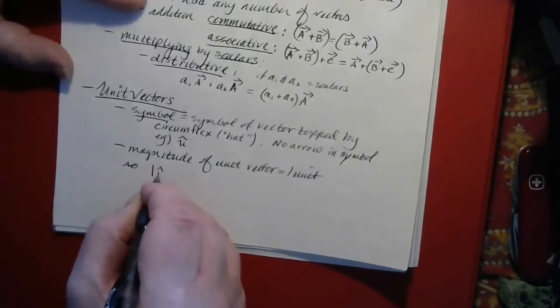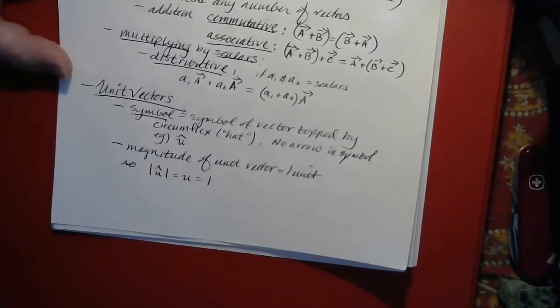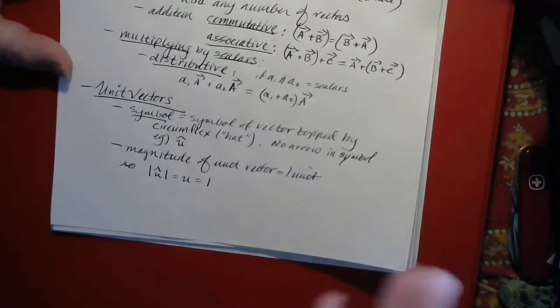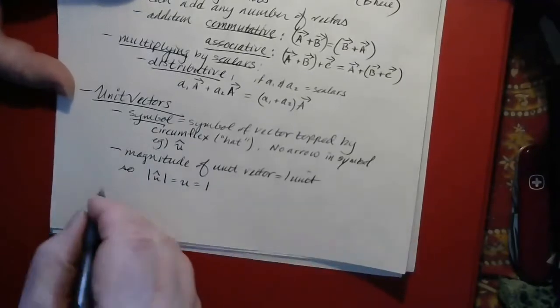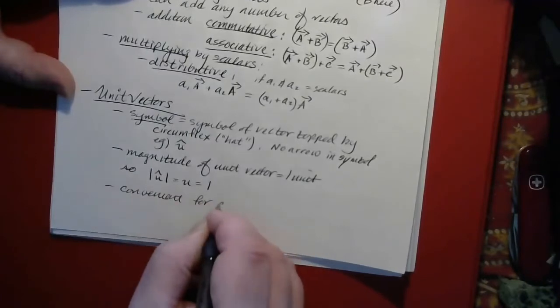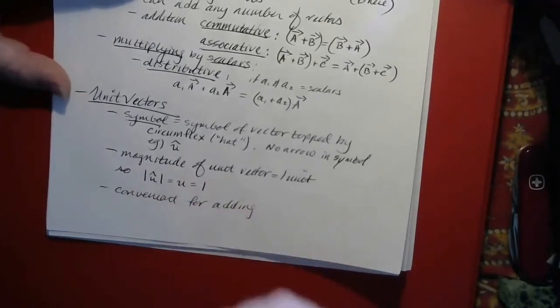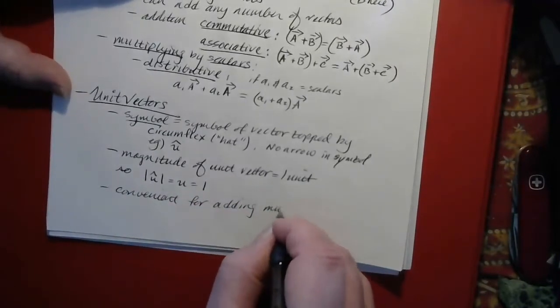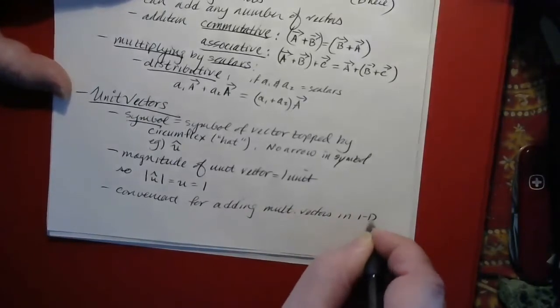So the absolute value of the unit vector is the magnitude, which is 1. And it's actually very convenient when you're adding multiple vectors in one dimension. It also specifies direction.